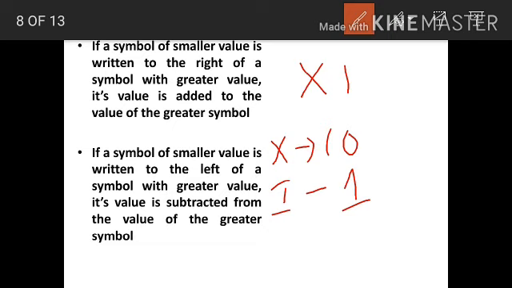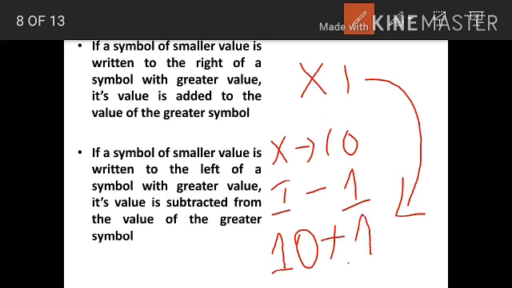When we are writing the smaller value on the right side of a greater value, we have to add the value of the smaller one to the bigger one. So, XI will become 10 plus 1, which is equal to 11. So, 11 is written as XI in the Roman numerals.